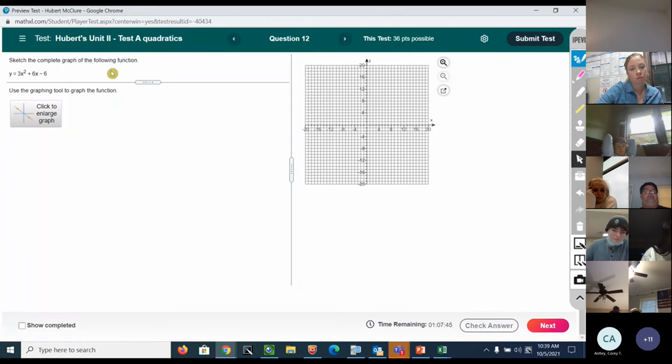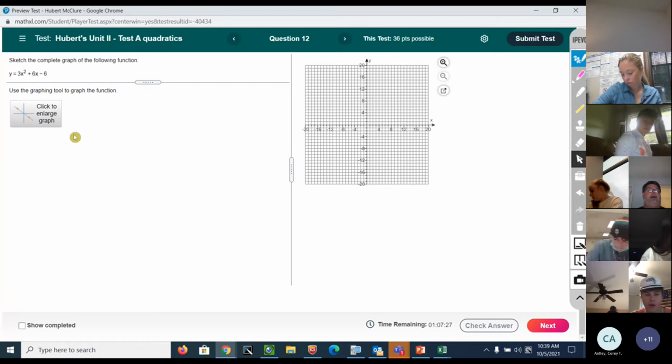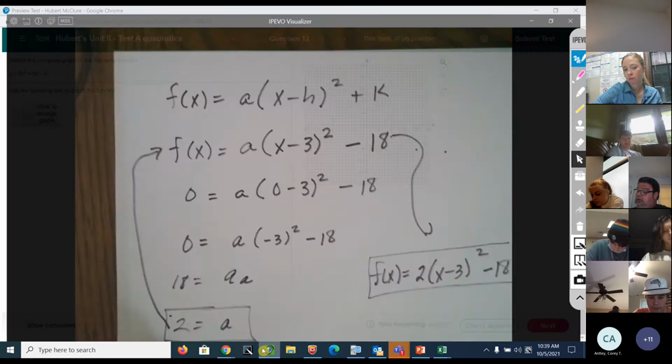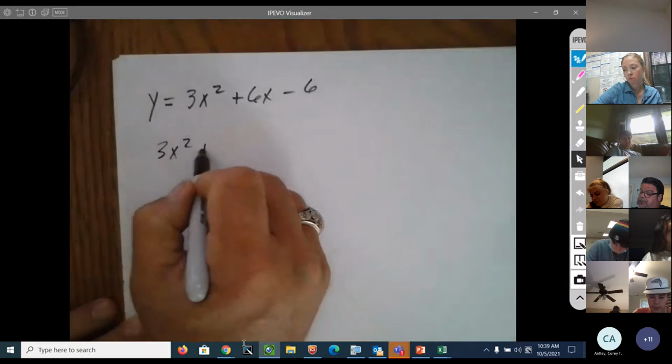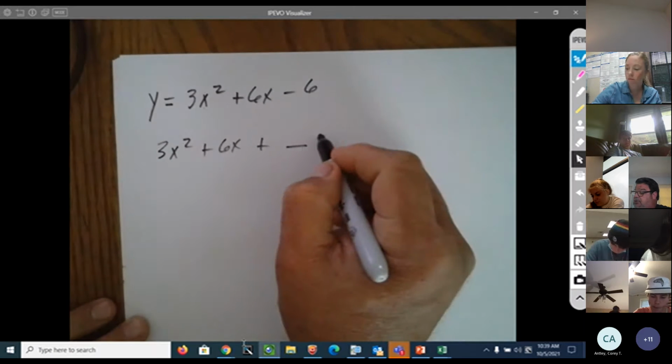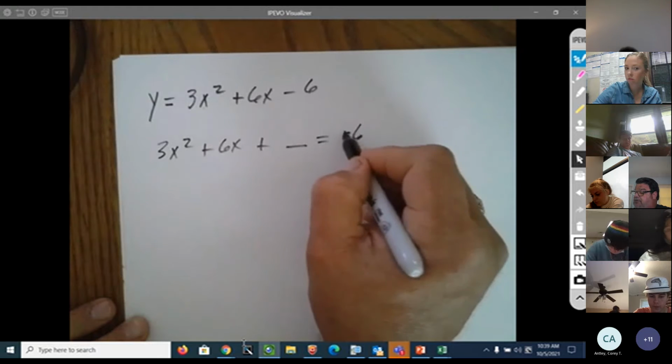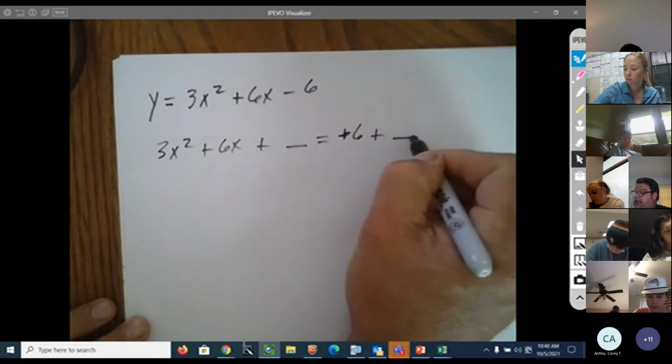Sketch the completed graph from the following function. So you got to do completing the square. So y is equal to 3x squared plus 6x minus 6. 3x squared plus 6x plus blank is equal to 0, or negative 6 would be positive 6 plus blank.